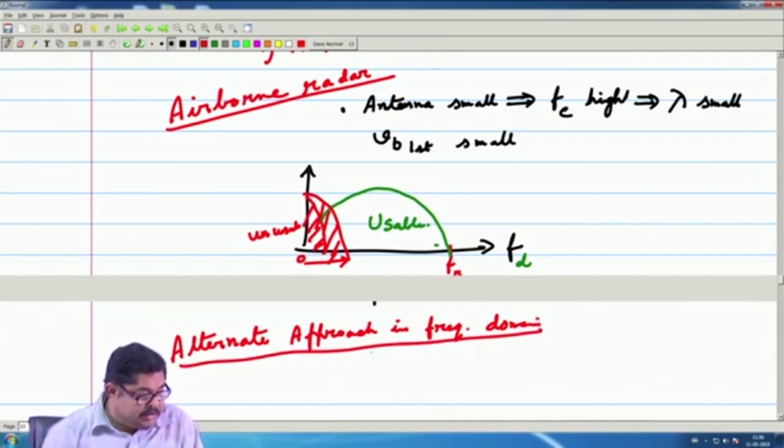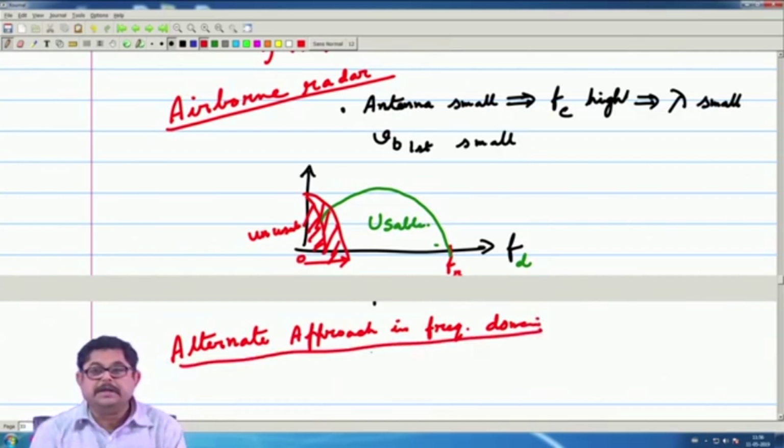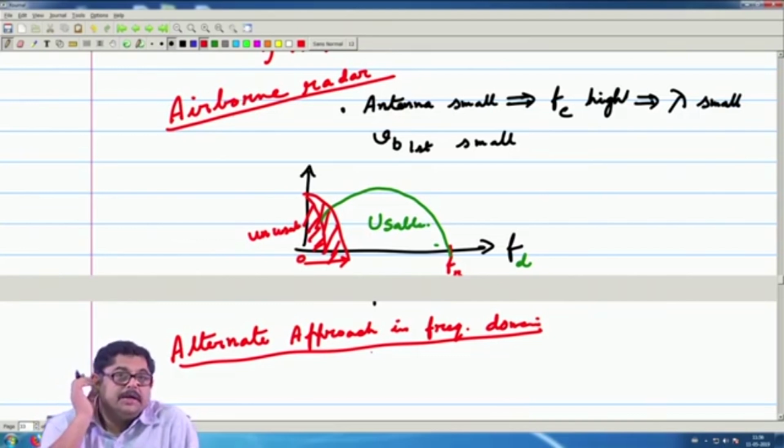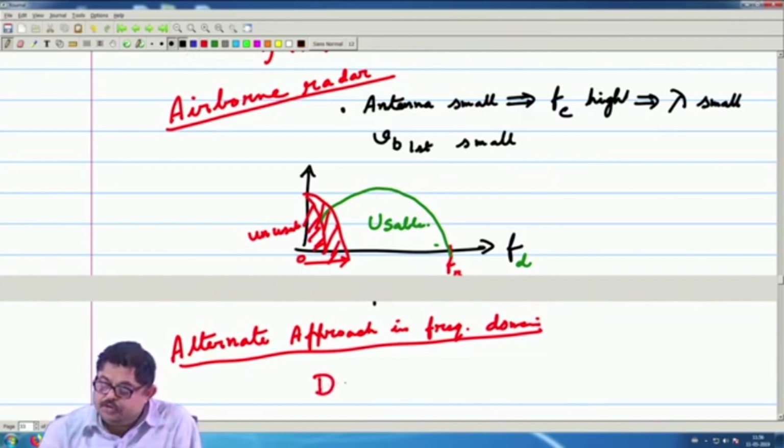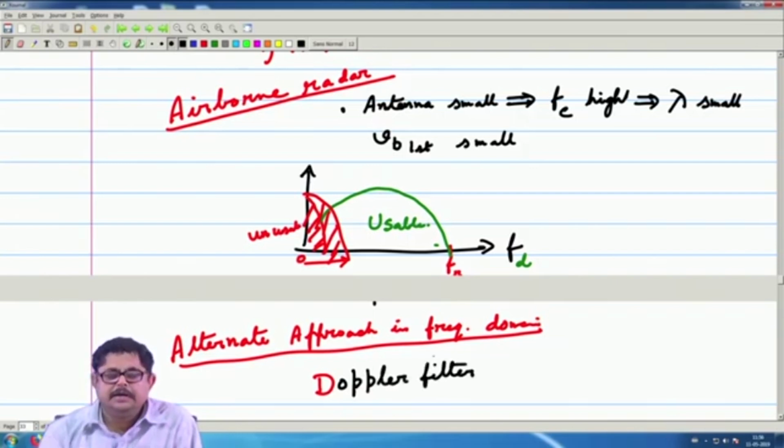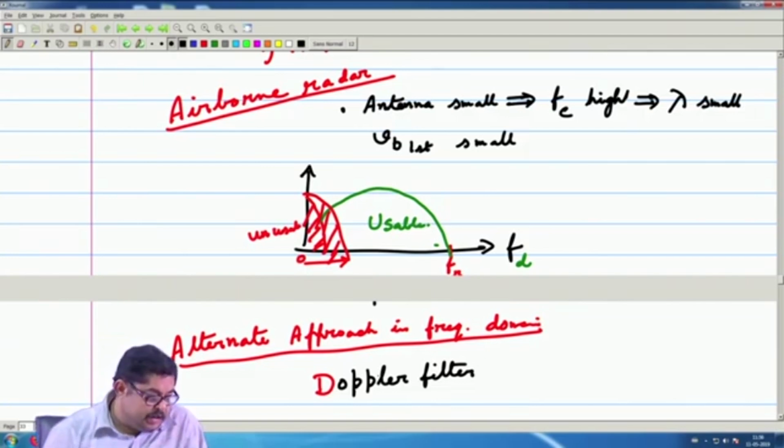We will not put a delay line canceller, but we will put a Doppler filter, by which we will extract the Doppler.